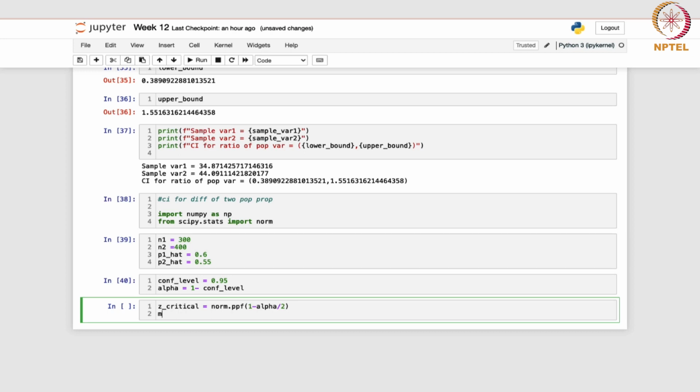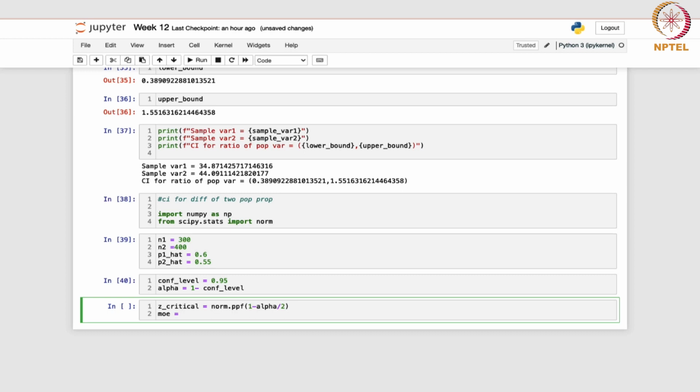You can also calculate the margin of error now. The margin of error, if you recall, would be Z alpha by 2 times the square root of p1 hat into 1 minus p1 hat divided by the first sample size, plus p2 hat into 1 minus p2 hat divided by the second one.